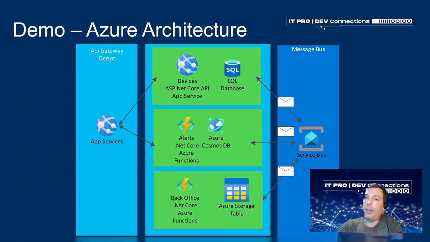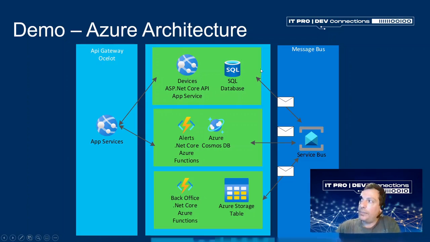So a rough architectural diagram of this solution is this. As you can see, in front we have the API gateway, which on the PaaS version is going to run on an app service, and this communicates with the two microservices, Devices and Alerts.